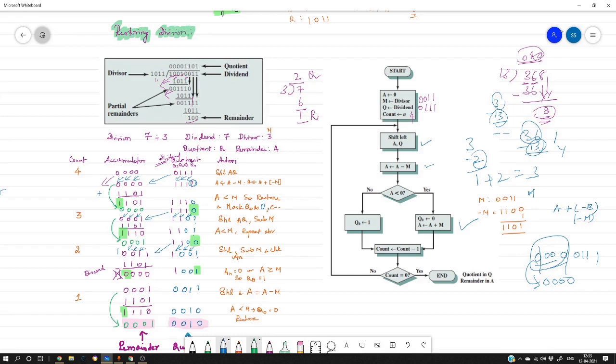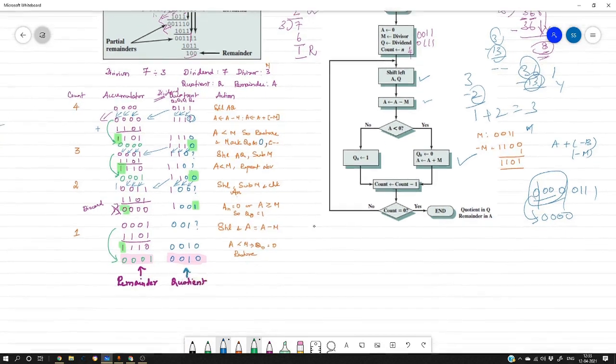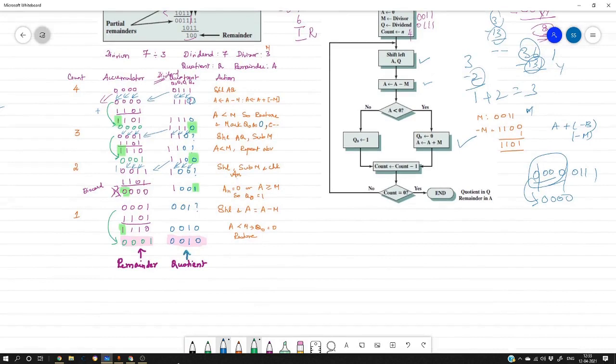Okay. So on having value 0 in C, the process will get stopped, and now you can check the remainder and quotient. I said that the remainder is going to be in the accumulator and the quotient value is going to be in the Q register. So remainder is 0001, which is equivalent to 1 in base 10, and quotient is 0010, which is equivalent to 2 in decimal.